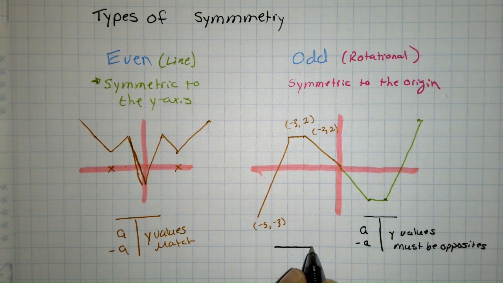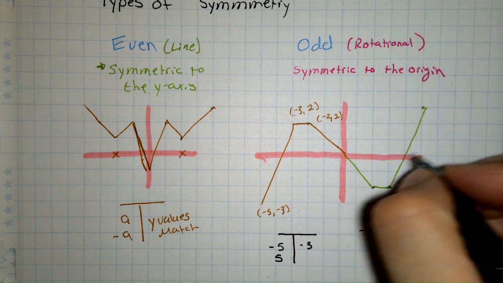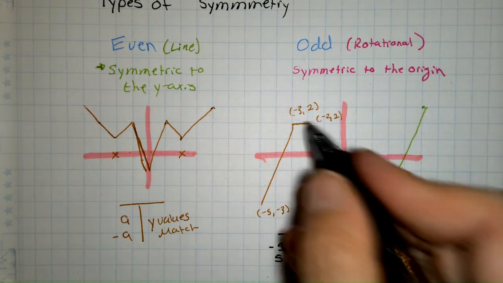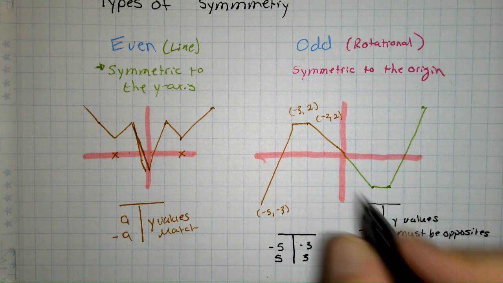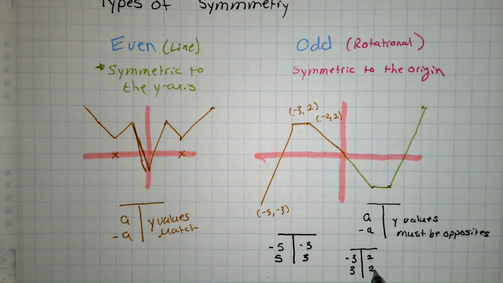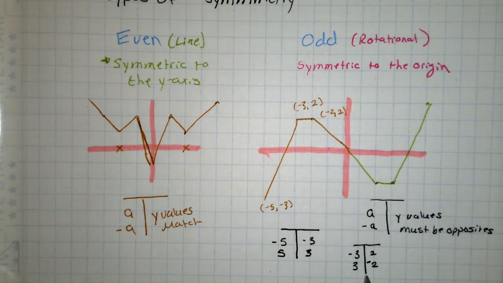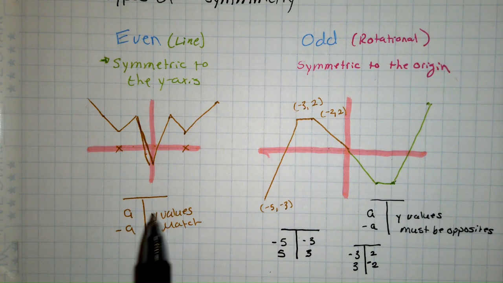So here, if we look at -5 and +5, well, -5 was at -3 and +5 was at +3. Or if we look at -3, 2. So now if I go right 3, I'm down 2. So here, when the x changed signs, the y also changed signs. Here, when the x changed signs, the y matched.